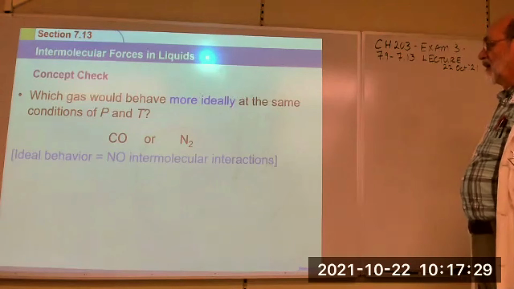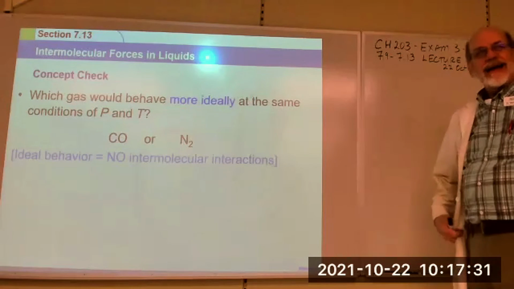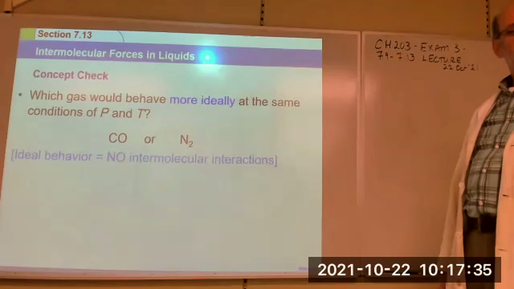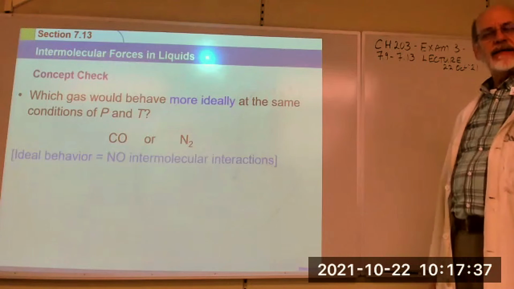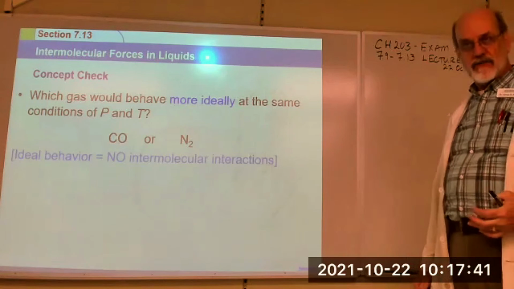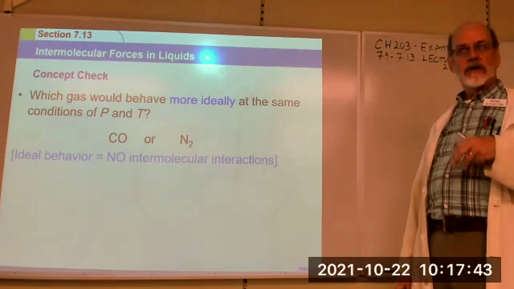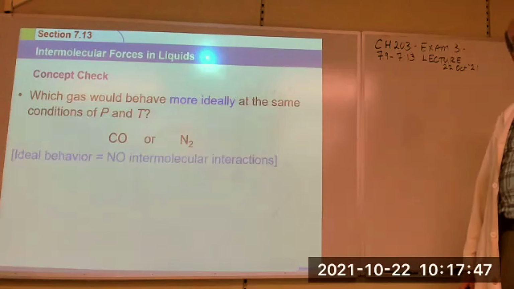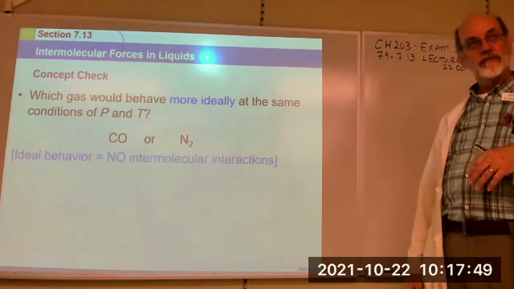Now, what do we mean by ideal behavior? I mentioned this last time when we were talking about the ideal gas. These gas laws describe ideal behavior: pressure, volume, Charles' law, volume, temperature, Avogadro's law, moles, and volume.